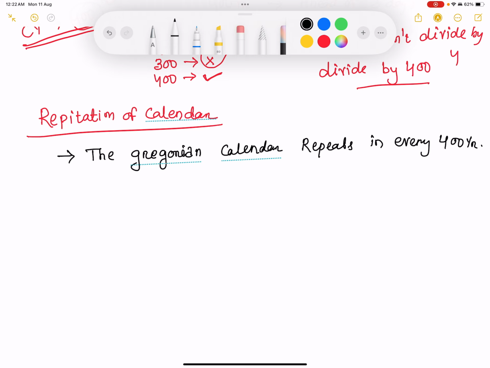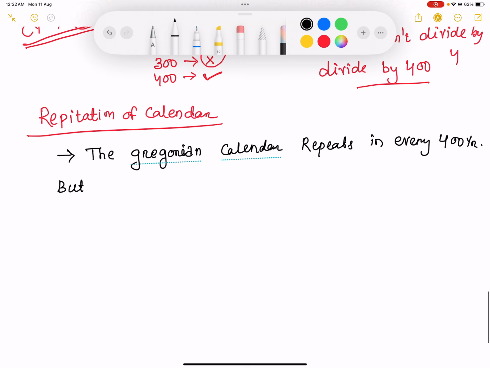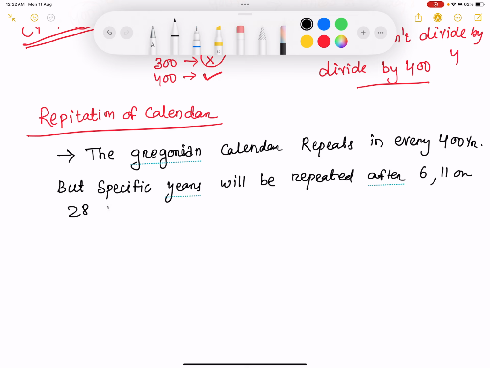Okay, means every 400 years the calendar will be repeated. Okay, but specific years will be repeated after 6, 11 or 28 years. I'll tell you when this 6, 11 or 28 will come.